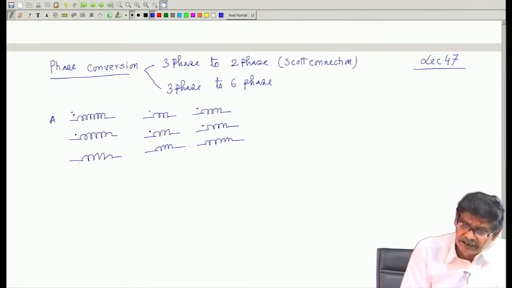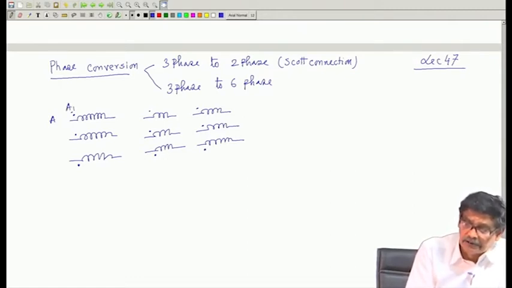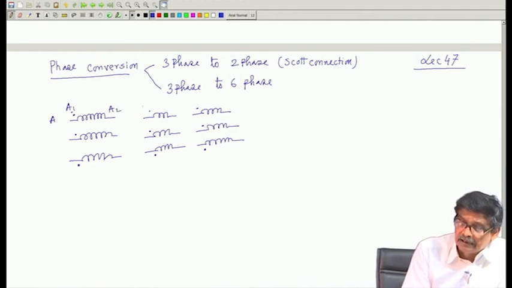Every time I draw the dots, so that you also see their importance, it is necessary to put the dots: A1, A2, and then A3, A4. These 2 coils are identical.